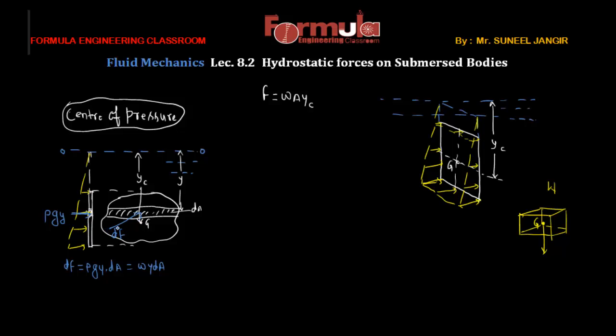So this dF is acting normal to this dA. Due to this dF, which is at a distance y below, it will create a moment about the free surface, and that elementary moment dM will be equal to the elementary force times the distance of the elementary force from the free surface, that is y.